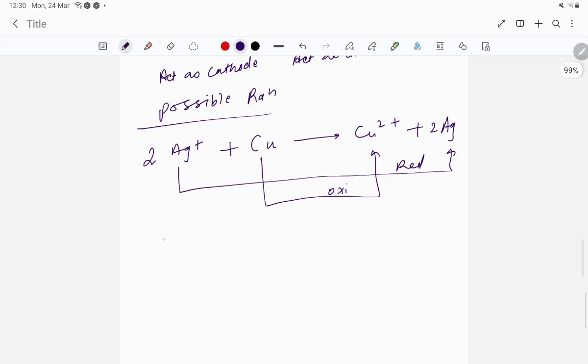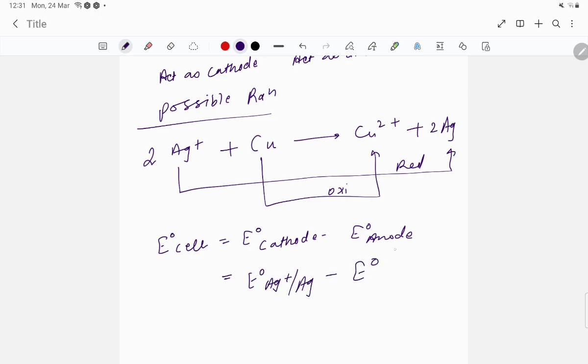Now E naught cell, student, is equal to E naught cathode minus E naught anode. So what can be the cathode here, student? E naught Ag+ upon Ag minus E naught copper, Cu2+ upon Cu, student.